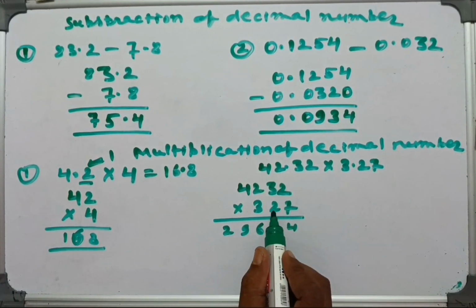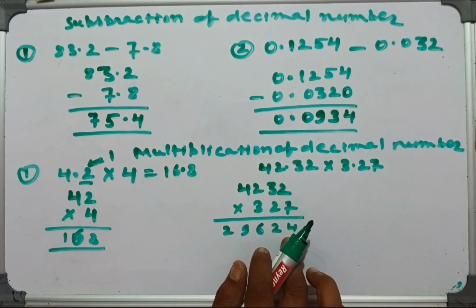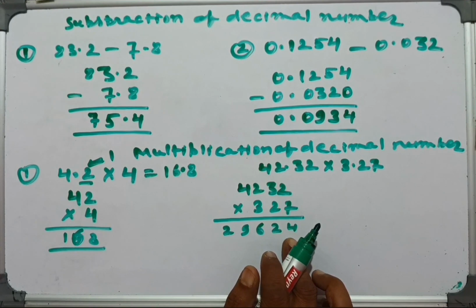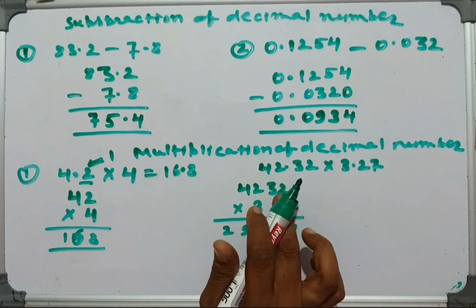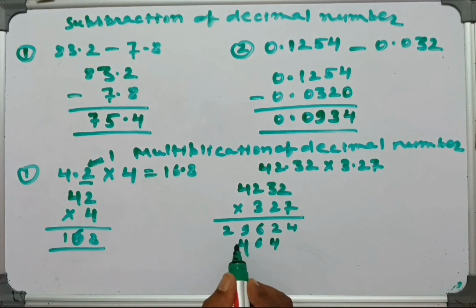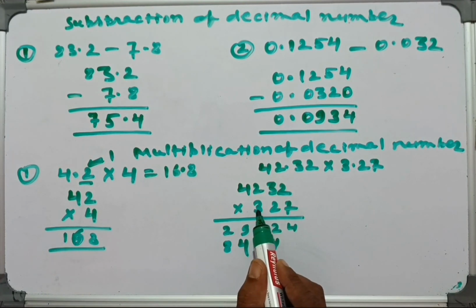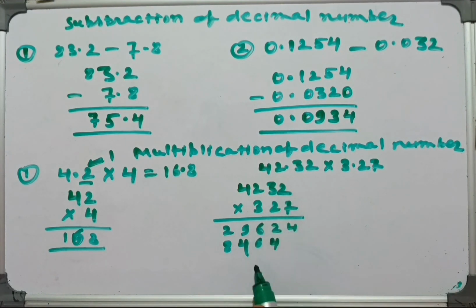Now we multiply by 2. So one extreme right place we have left here, then 2 twos are 4, then 6, then 4, then 8. Okay guys, now start multiplication with 3, then this is 6, 9, then 6, then 12.